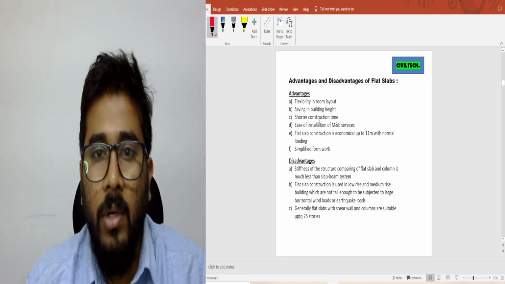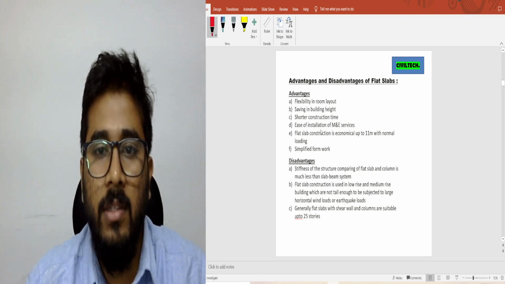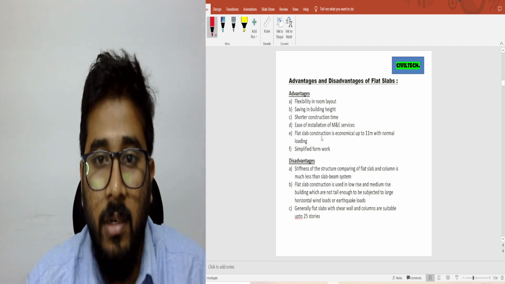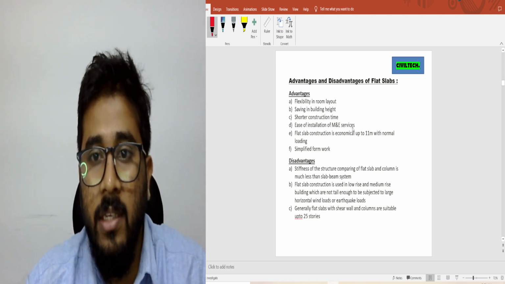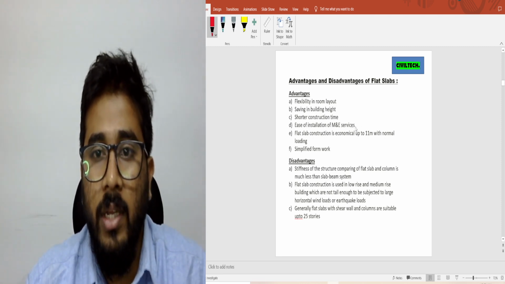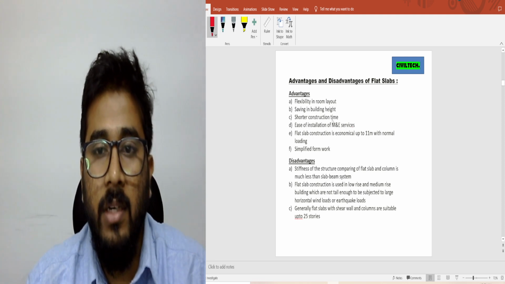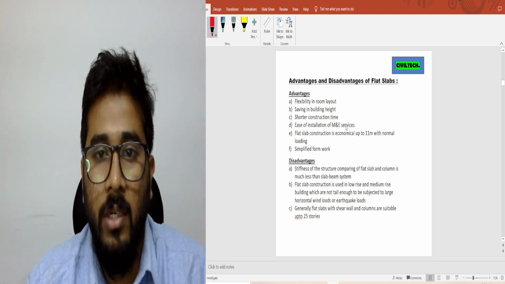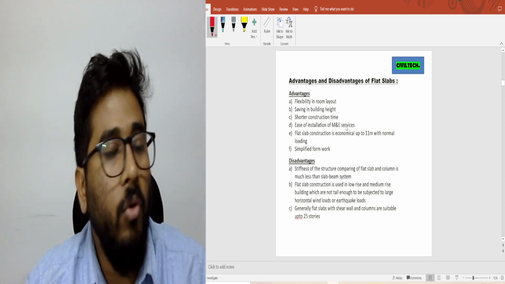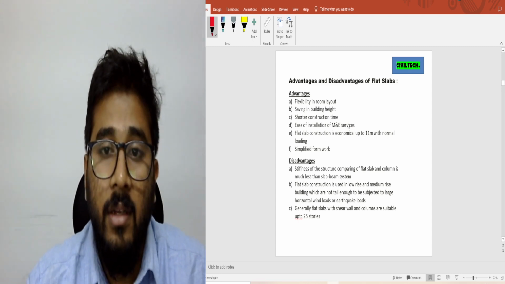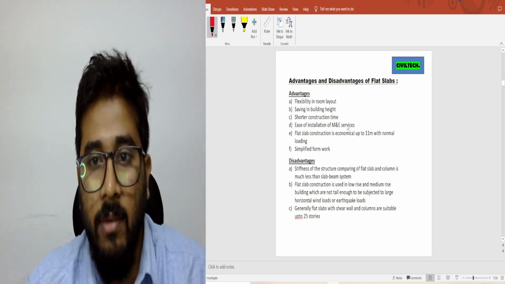Simply see, if you use a flat slab, it is very easy and very fast to construct, and it is also very easy for MEP work: plumbing, mechanical and electrical work. And if there is any height issue, suppose the floor to floor height is less, at that time you can use a flat slab.